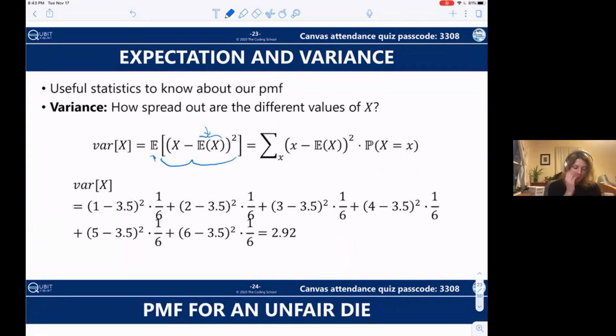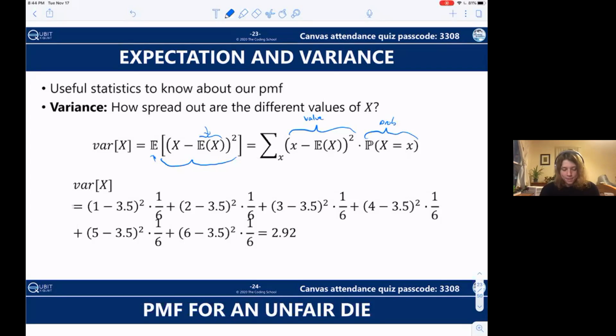You can treat this as the written out version of this expectation. This whole thing is now our value, and this is our probability, and we're doing the same format.